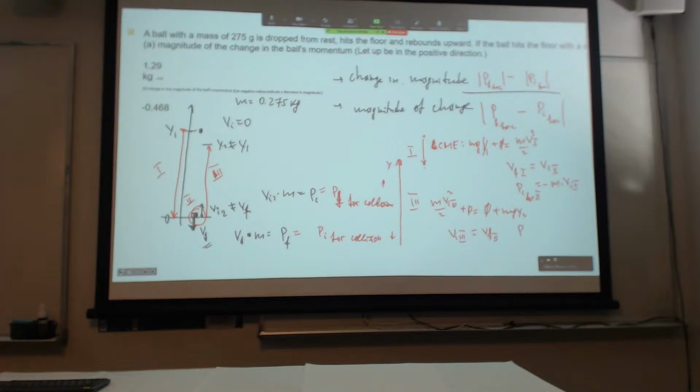This is the one we need to use as the final momentum for the collision by multiplying mass and this speed. It's positive because it points up. And at this point, you're just multiplying everything.